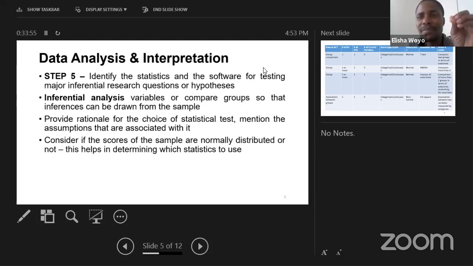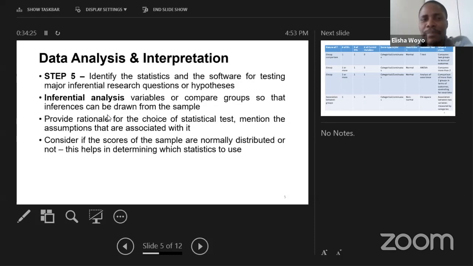So step number 5 in quantitative analysis is you need to identify the statistics. And perhaps at this level, you would have identified the software, whether it's eViews, SPSS, Stata, or Microsoft Excel, that you are going to use to run inferential analysis to answer your research questions and your objectives.